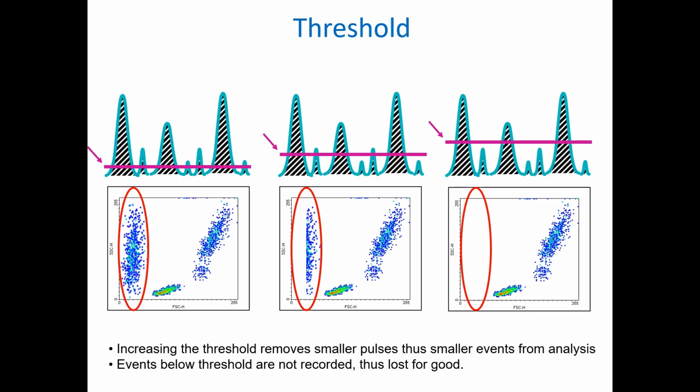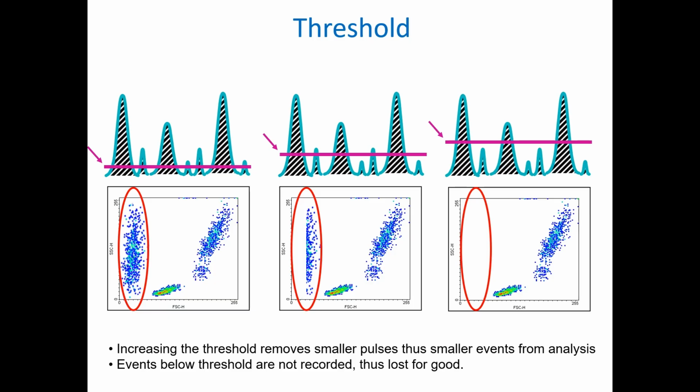Setting up the instrument for detector voltages or gains and threshold is crucial to assure that you're including and acquiring data on the cells you want without too much debris. It's important to be very careful here, because if you set up your trigger threshold channel, usually forward scatter, with the voltage or gain too low, and the threshold is set too high, you may not see and you may lose your cells of interest.